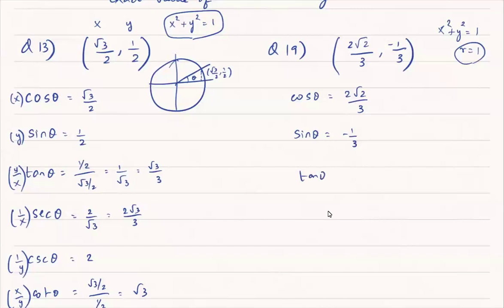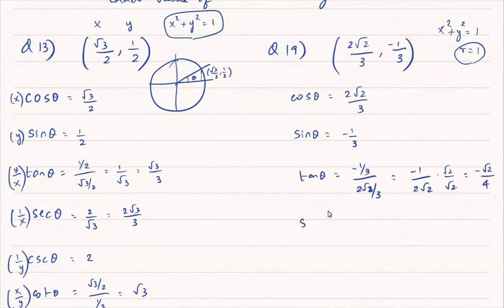Then tan theta is y over x, which will be negative 1 over 2 root 2. Then you multiply and divide by root 2. And that gives you negative root 2 over 4.